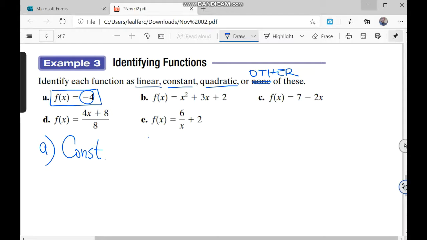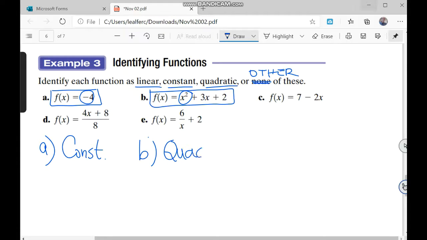Letter B. Now we have f of x equals x squared plus 3x plus 2. If you have the x squared in the function, this is going to be a quadratic function.